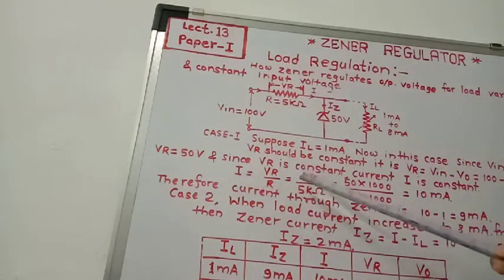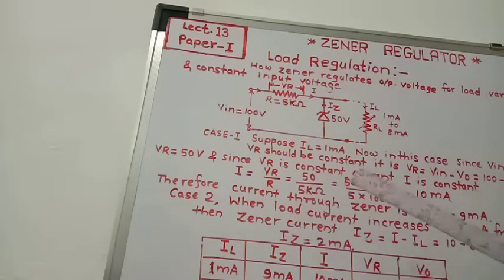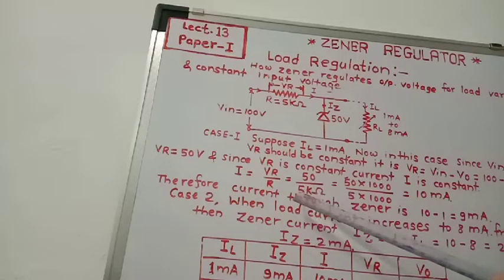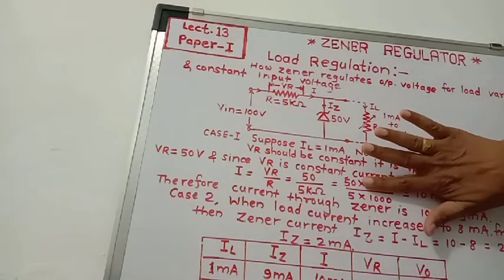We convert kilo ohm into ohm, so 50 upon 5000. This current will be in ampere because V is in volts and R is in ohm.